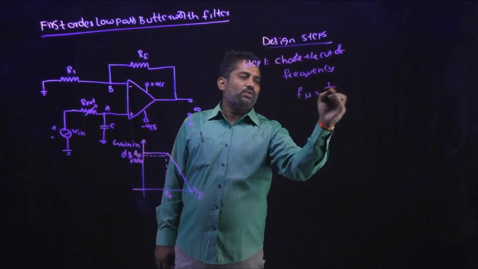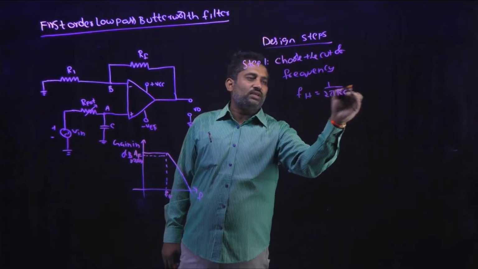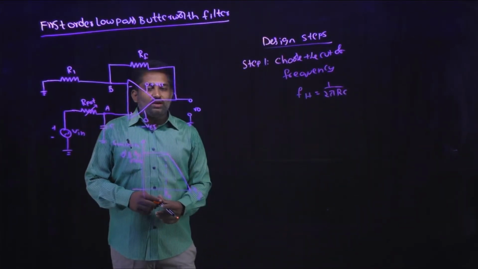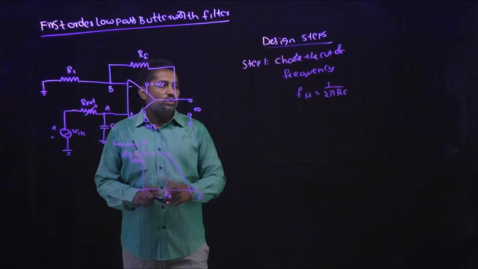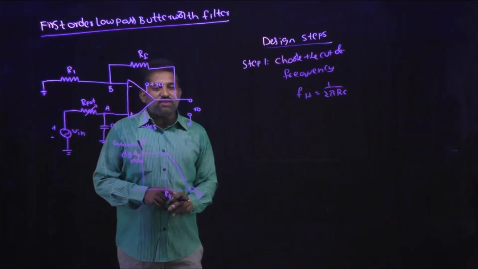FH will be equal to 1 by 2 pi RC. In the problem itself, they will give the cutoff frequency, so you have to take that as FH.